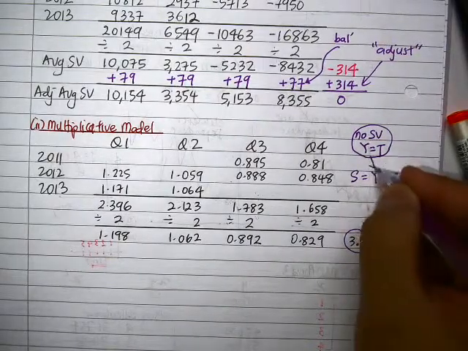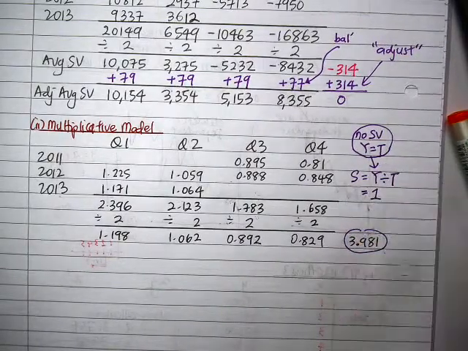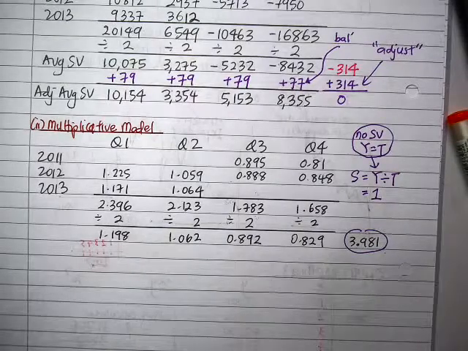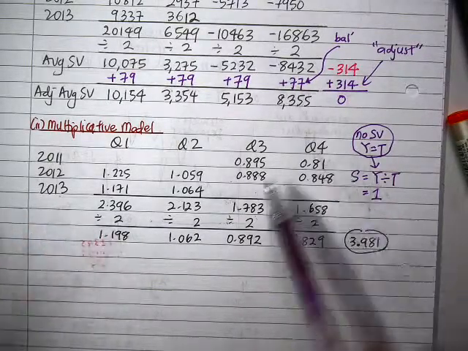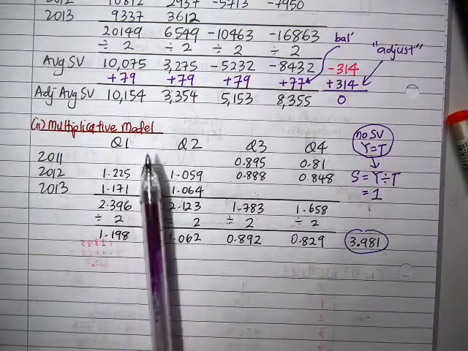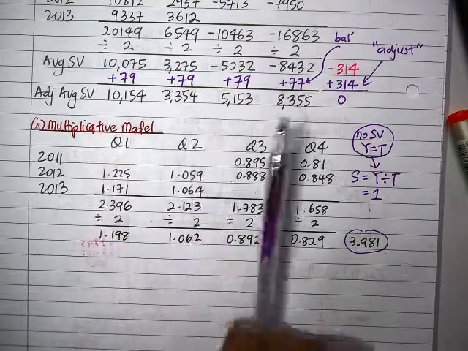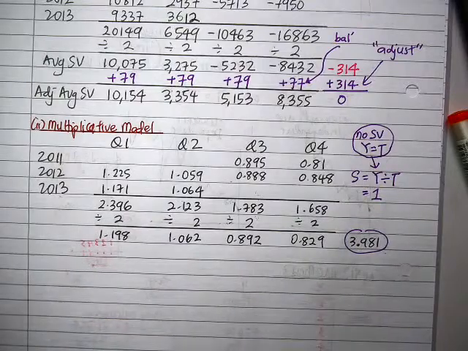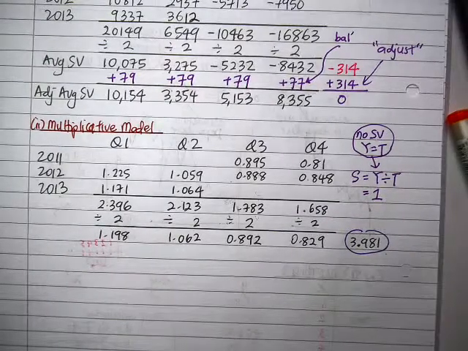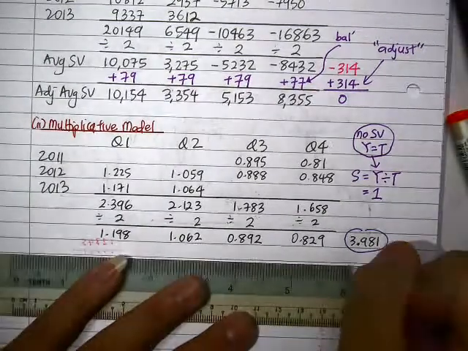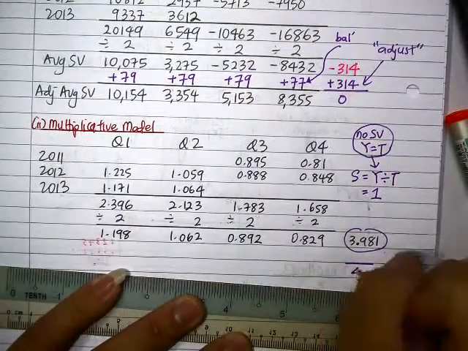So when they are equal, s becomes 1. So the value of every season when there's no more seasonal variation must equal 1. So if you have 4 seasons, the total should come to 4. So the adjustment that we do is we want to make this into 4.